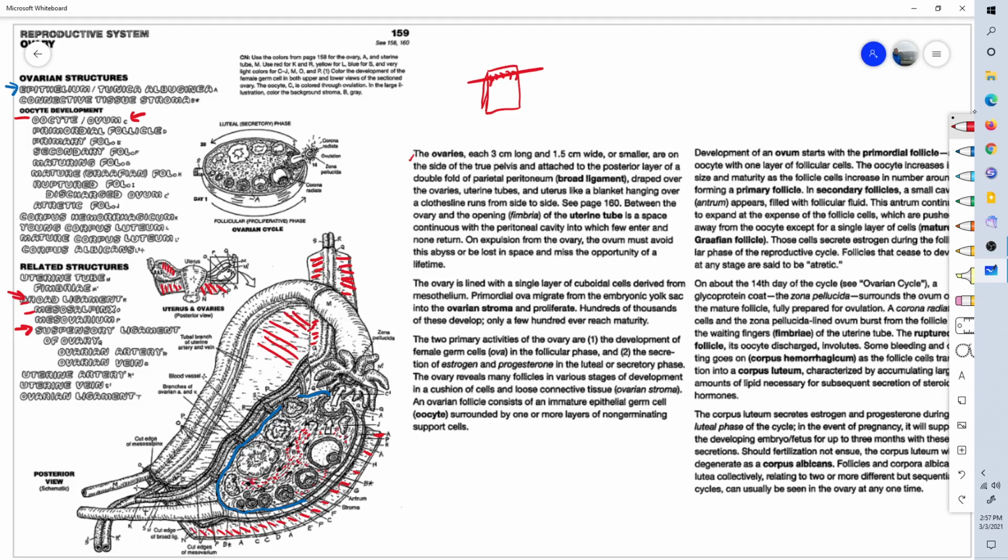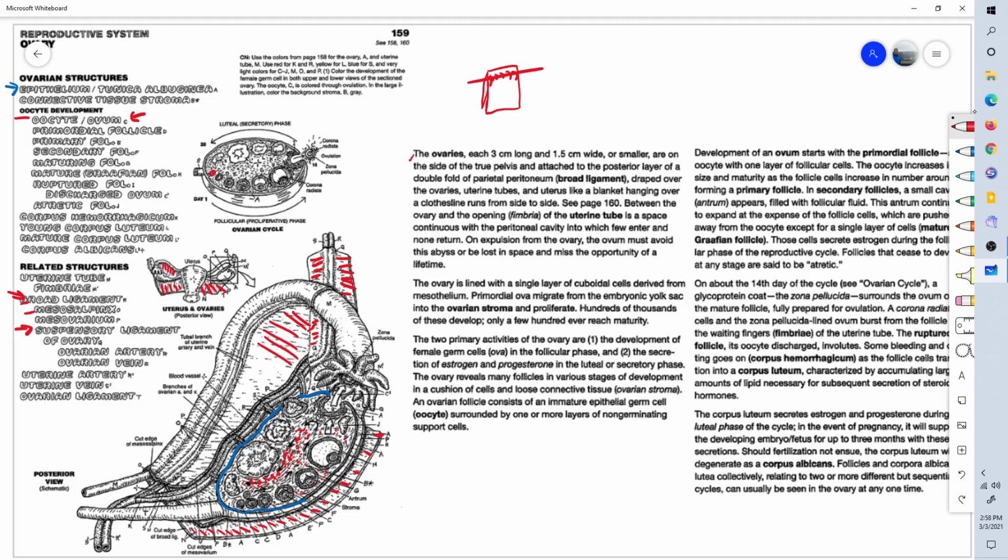But as I said, inside there are hundreds of thousands of oocytes, eggs ready to be fertilized, and we're going to show that process now. So the oocyte is this little egg right here, and through its process, what winds up happening is it becomes surrounded by a single layer of supporting cells.